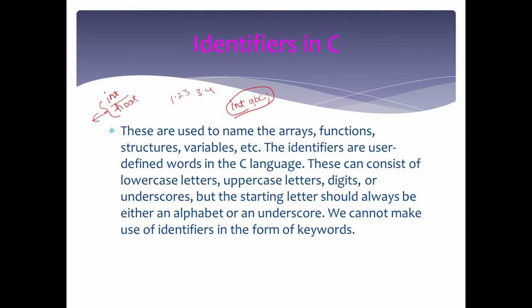This is the variable, and this is the data type. The name which we are giving here is the identifier. These are used to name arrays, functions, structures, variables. The identifiers are used to define the words in the C language. If I want to name anything, these identifiers are very important.